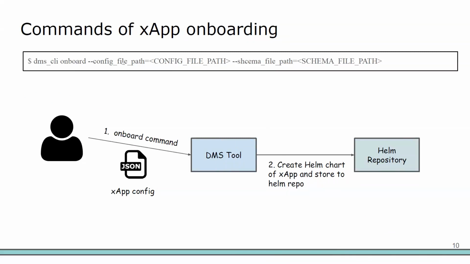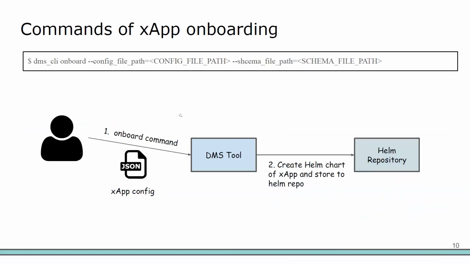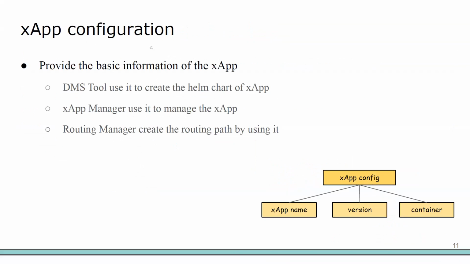We need to prepare the config file and the schema file. These two files are the xApp configuration files. This configuration file will provide the basic information of the xApp. The platform component will use this to create the Helm chart, manage the xApp, and create the routing path.